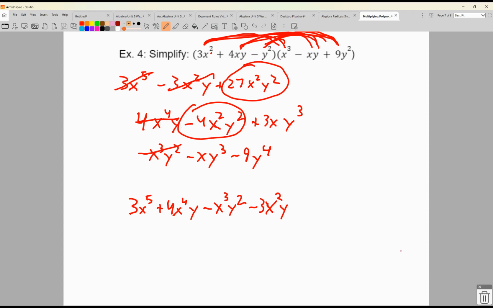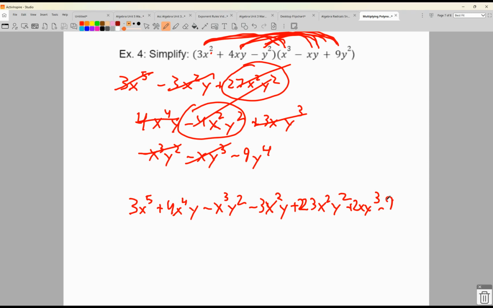So negative 4 plus 27 is plus 23x squared y squared. Then I've got negative xy cubed and 3xy cubed, so that's plus 2xy cubed. And finally I've got my minus 9y to the fourth.